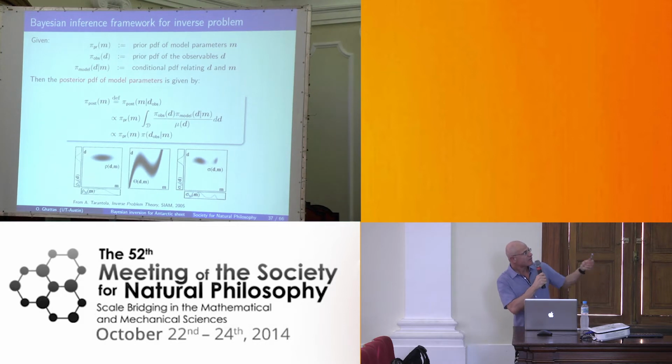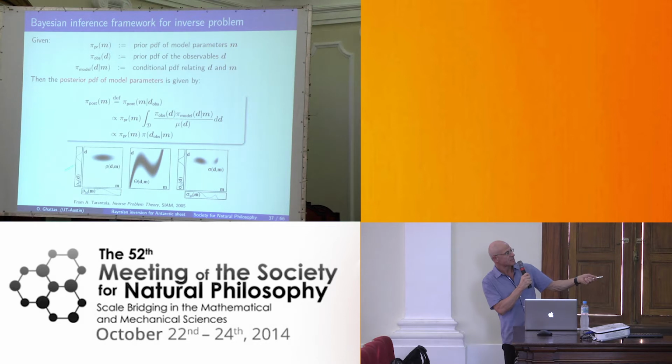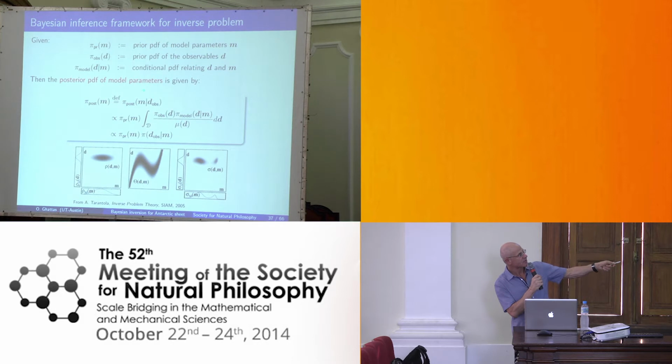So the Bayesian approach to the inverse problem takes the conjunction of these two states of probability and produces the so-called posterior, and this is in the data and model space. Of course, what we care about is the model parameters. We're trying to infer those. So we integrate out, that's what this integral here is. We marginalize the data component, and what we end up with is this probability density here.